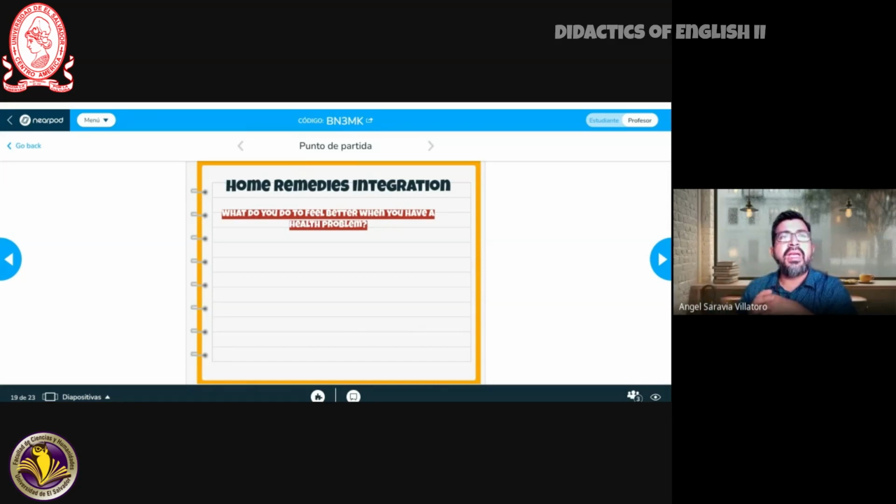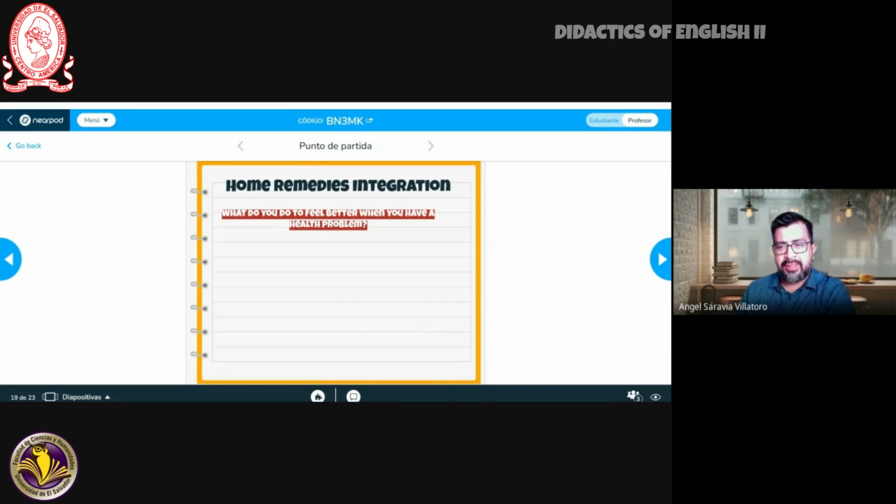For example, if I have a cough, what do I do? I usually drink medicine. I usually drink, or I usually take pills. If I have a toothache, I usually go to the dentist. That's another example.